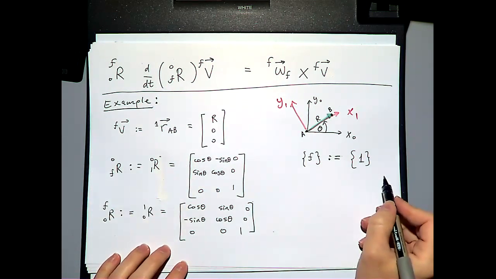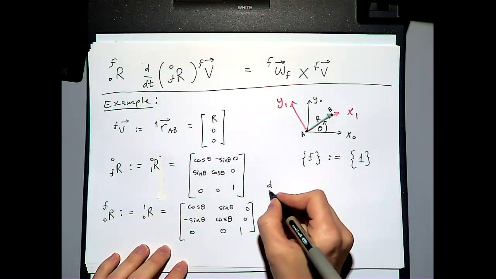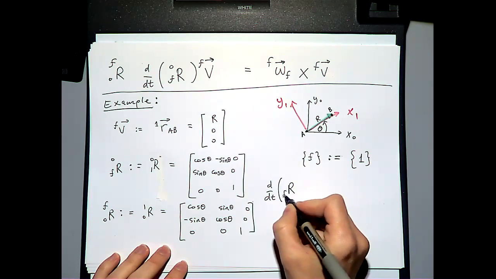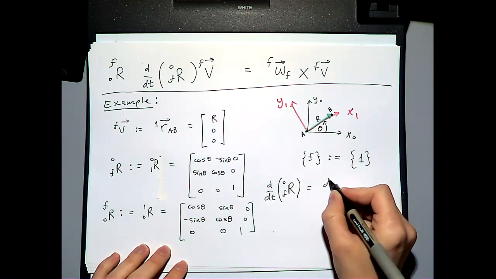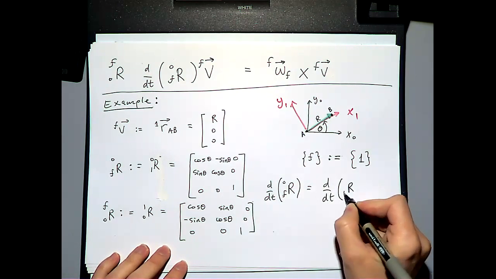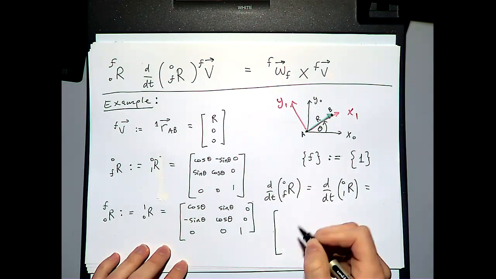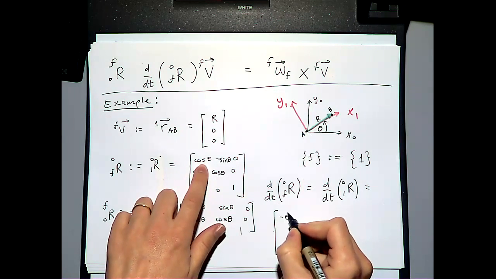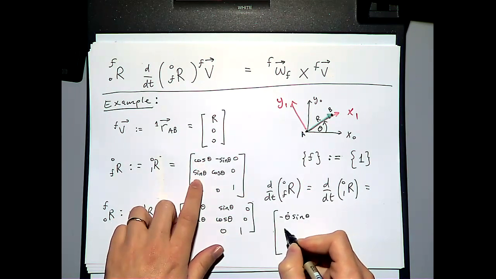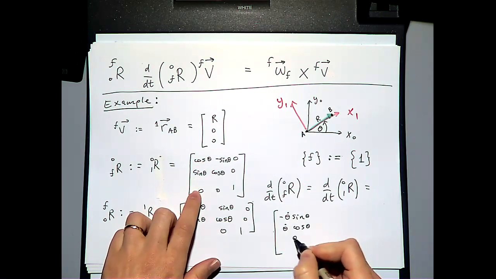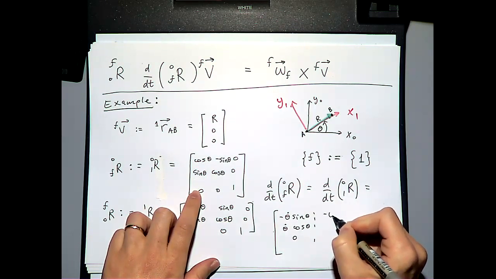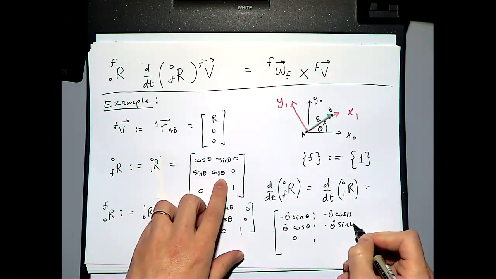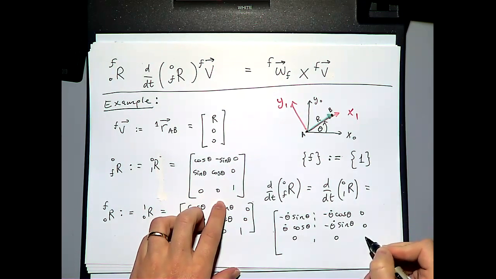Okay, so d/dt of R from F to 0, which is d/dt of R from 1 to 0, is, again, component by component, using the chain rule, minus theta dot sine theta, minus theta dot cosine theta, 0, theta dot cosine theta, minus theta dot sine theta, 0, 0, 0, 0.